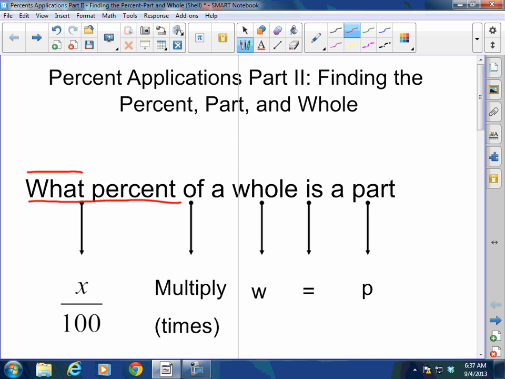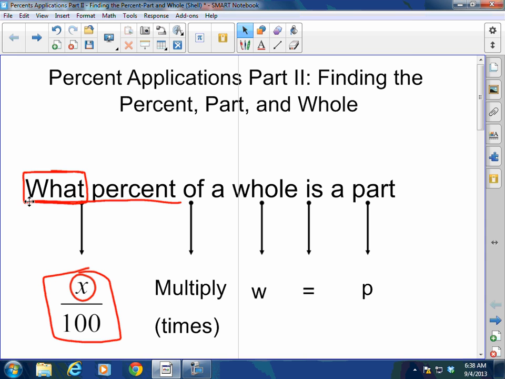And when we're talking about a what, we're usually talking about an unknown. An unknown is represented by a variable, and we're going to use the variable x. So what percent, x is the part out of 100. What percent of means multiply, or in other words, times. That's what of means.